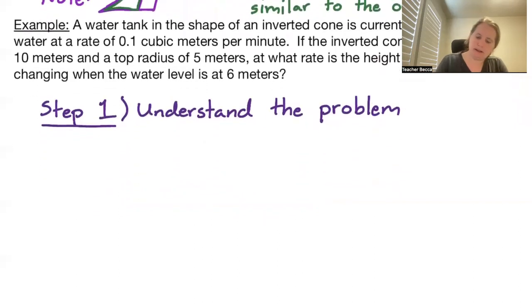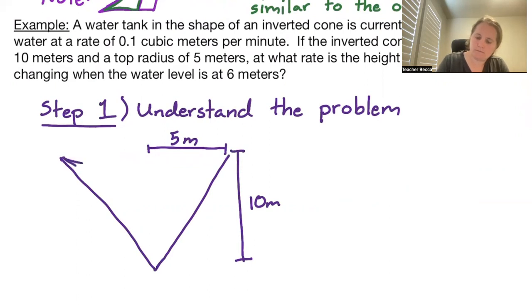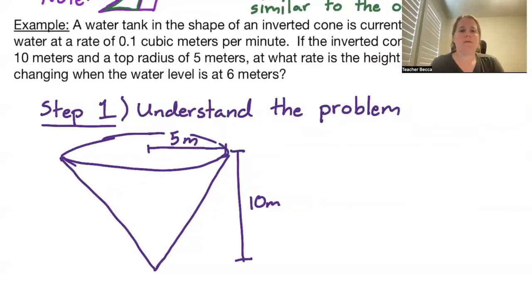So here we are looking at an inverted cone of height 10 meters, radius 5 meters. So we essentially have an upside down cone. Okay.